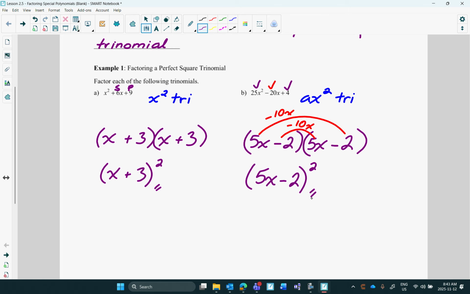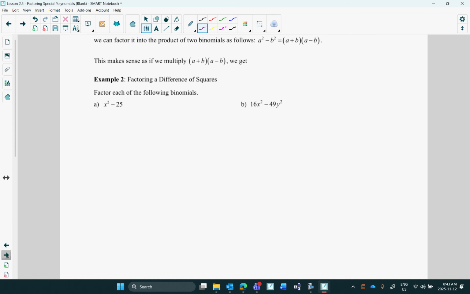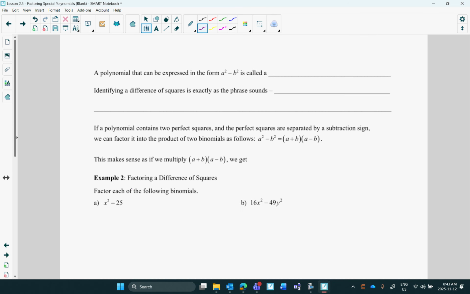The last type of factoring is what we call a difference of squares.